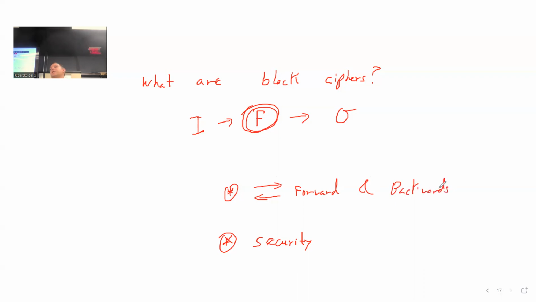And obviously that it provides security, whatever security it is that you want. Usually here, confidentiality. But it doesn't have to be that. It could also be what? Authentication or some other principle, okay?